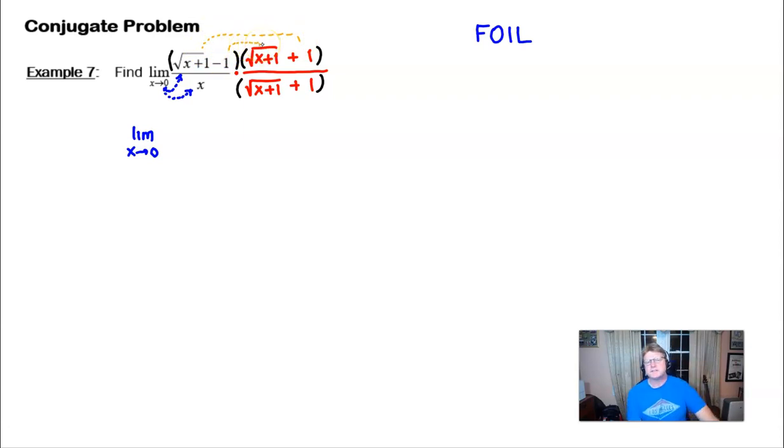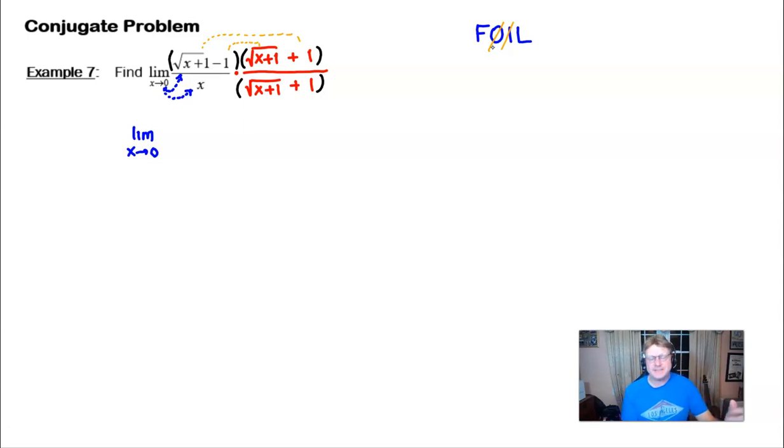Those two products are going to cancel out. Think about it. 1 times the positive square root of x plus 1, negative 1 times the positive square root of x plus 1. So with that in mind, the O and the I really don't play a role in this problem, and so you don't have to FOIL. Instead, you can FL, I guess, right?